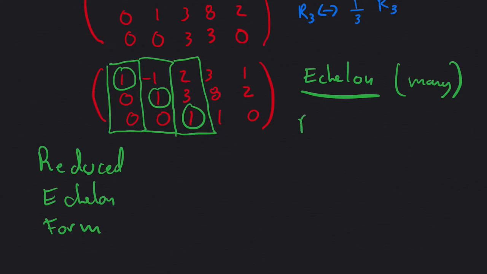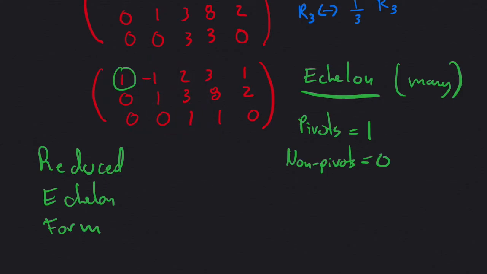The pivots are going to be 1, and the non-pivots are going to be 0. So these are the conditions for a reduced echelon form. The only thing that I have to do now is to get rid of these other numbers.